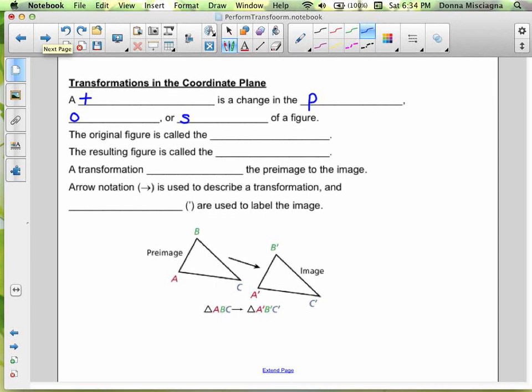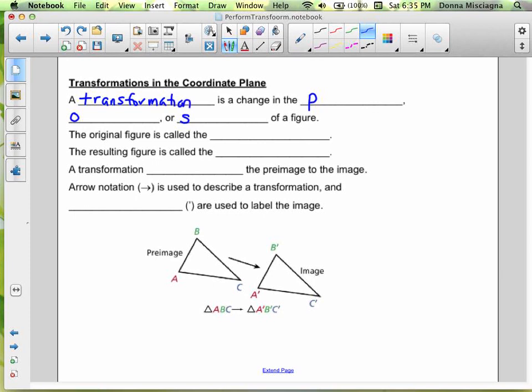So a blank is a change. What could T possibly be referring to? Well, since we are reviewing vocabulary related to transformations, perhaps T stands for transformation, and it does. So you can fill that one in your notes.